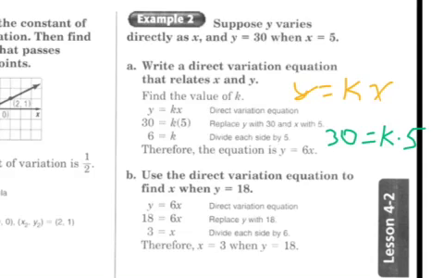So we should be able to solve for that and find k, which they did. Divide 30 by 5, I get my k of 6. So you can use that constant, y is equal to 6x, for anything they give you. If they were to tell you that y is equal to 18, well, divide 18 by 6, you get x is 3.